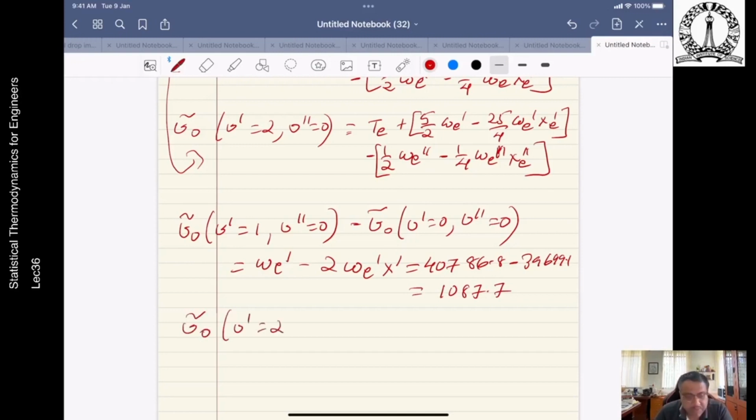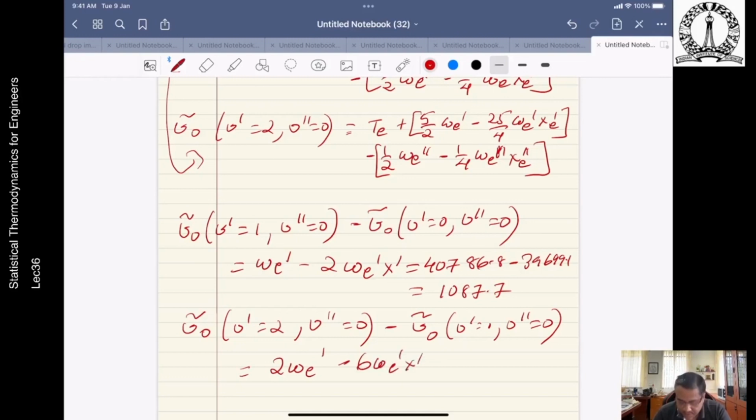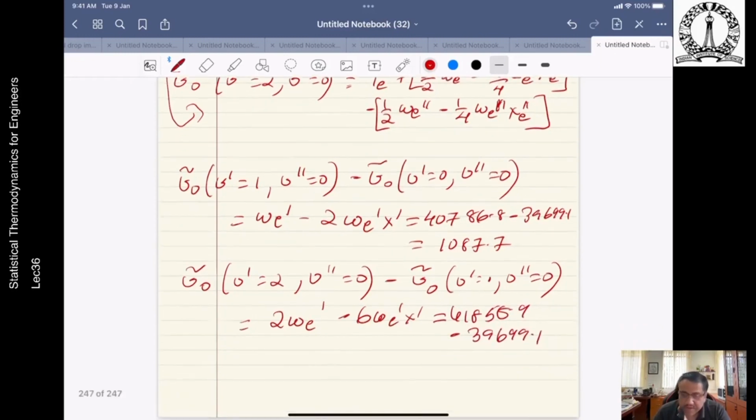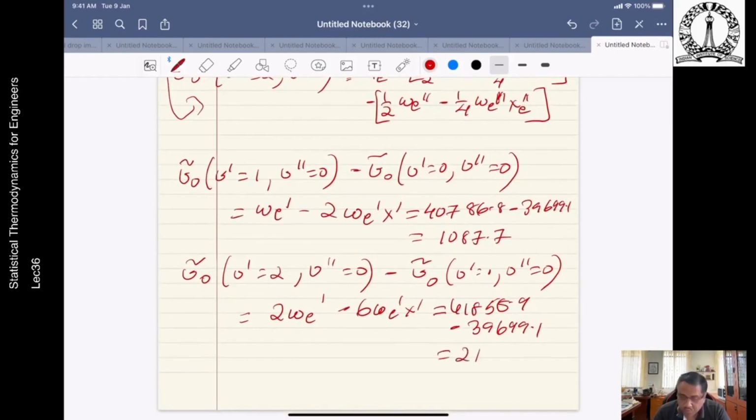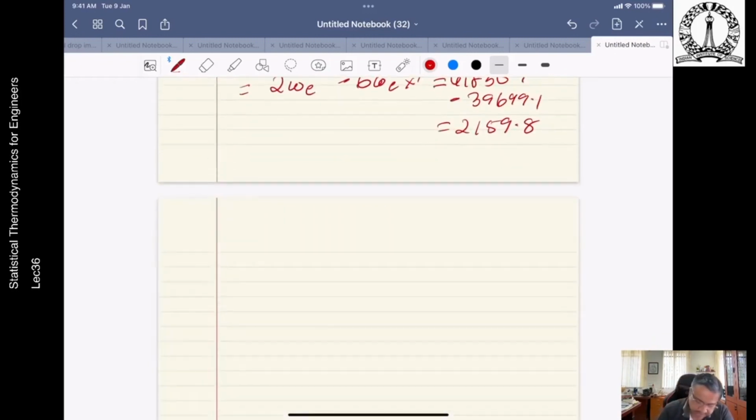Then you do the same for v' equal to 2, v'' equal to 0, minus v' equal to 0, v'' equal to 0. Subtract this, and this will give you 2 omega_e' minus 6 omega_e' x_e', which is 41858.9 minus 39699.1, equal to 2159.8.